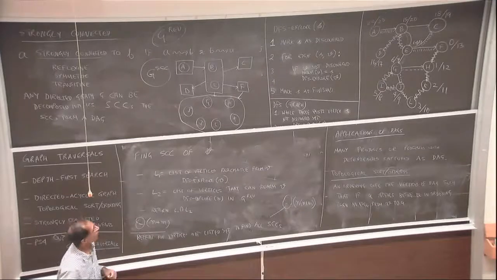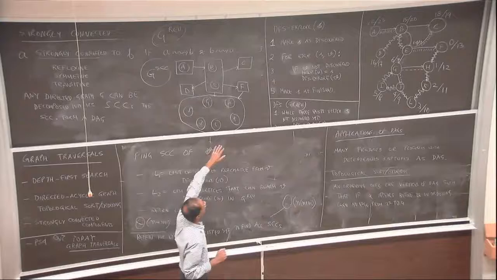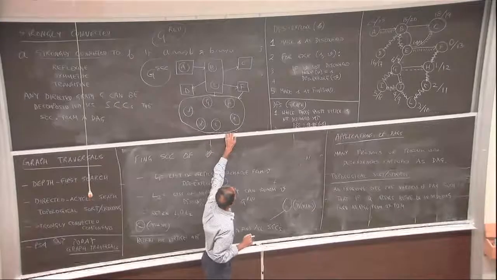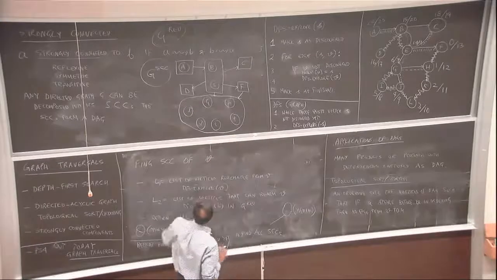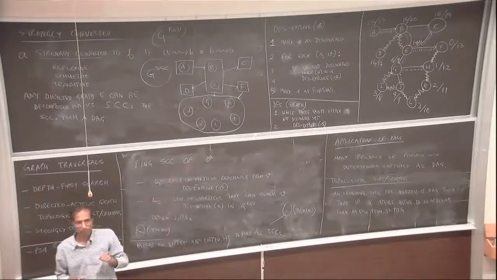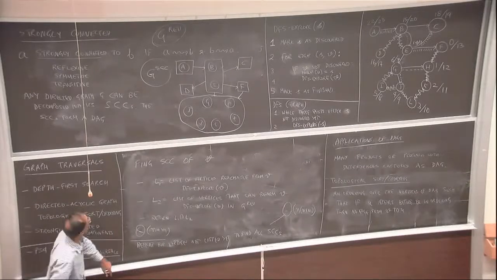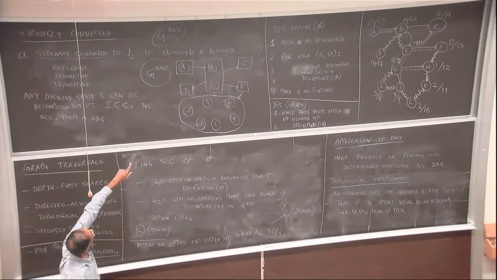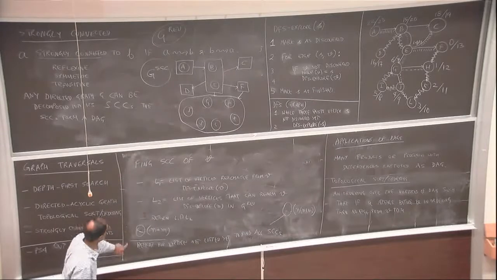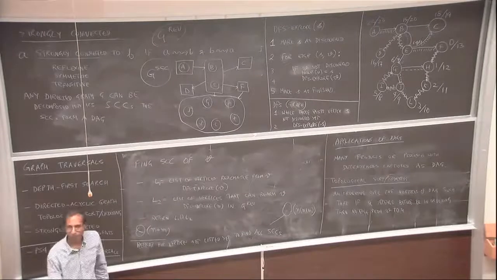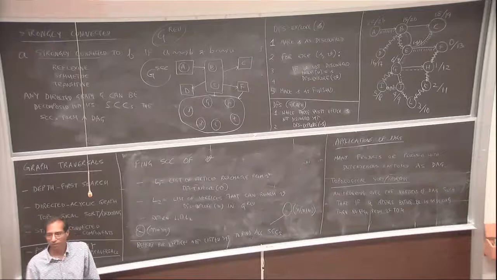It's a very clever idea, so let's look at this picture. The problem with this algorithm is, let's say I ran it from A. A can reach everybody. You agree?